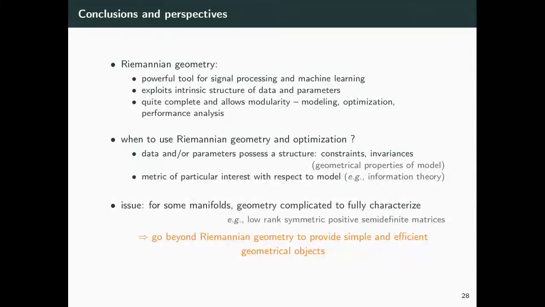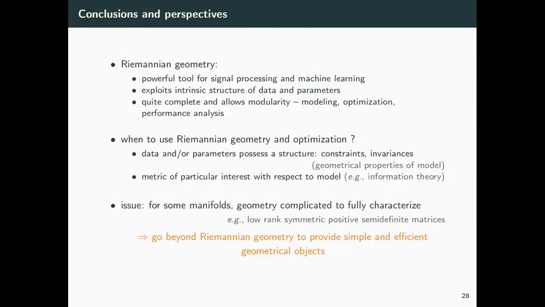The problem is that sometimes it's very hard to deal with Riemannian geometry, because the geometrical objects can be very complicated to obtain.